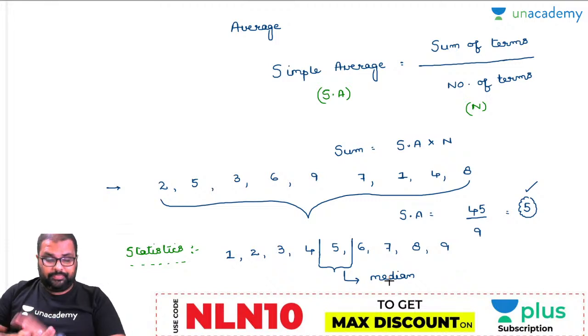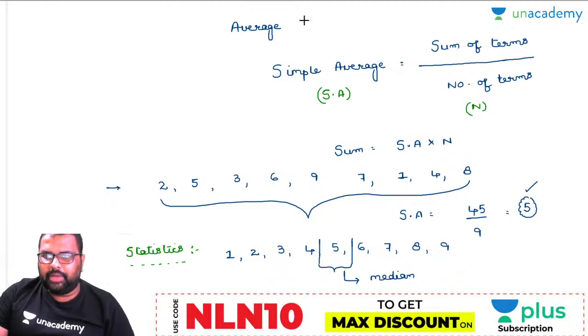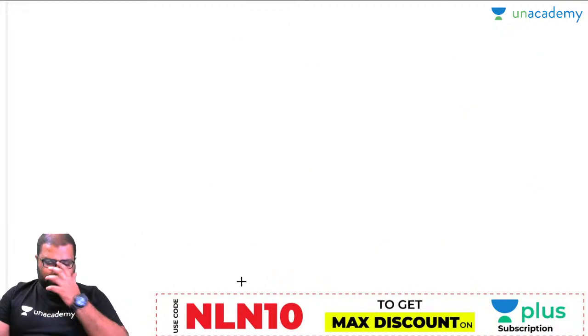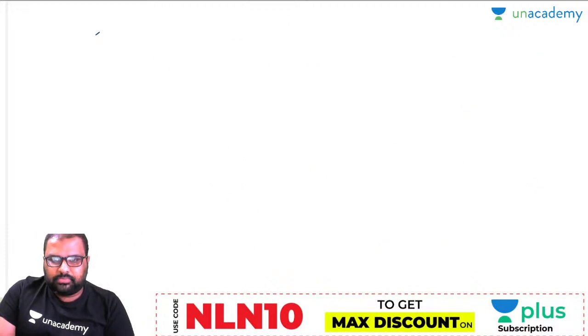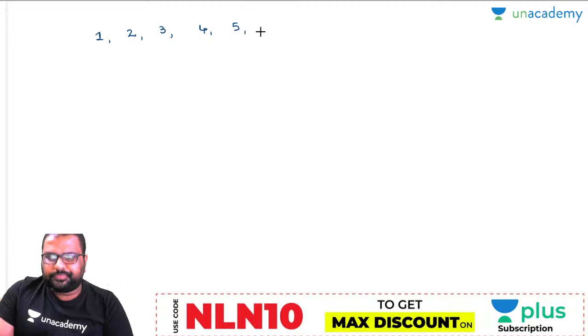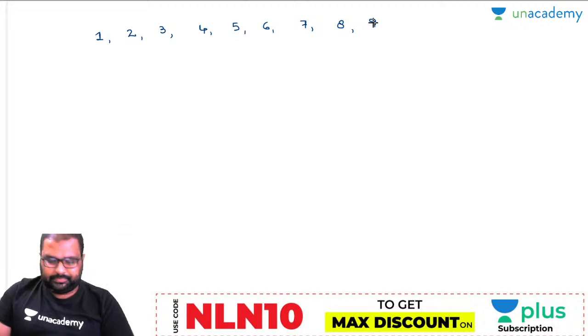Yes. Now let us refine a little bit more. Now I gave the same series of numbers 1, 2, 3, 4, 5, 6, 7, 9. So you have to learn the concept a little bit there.